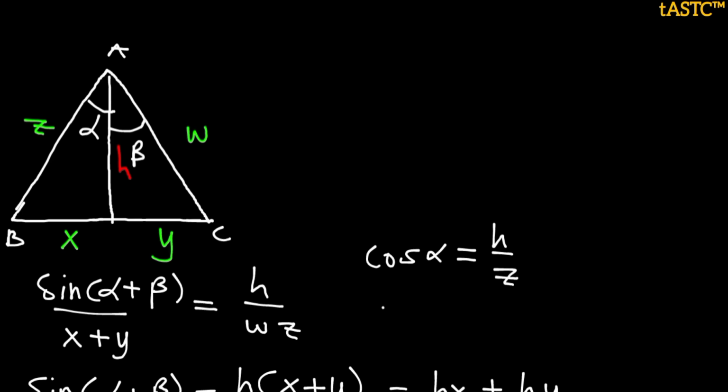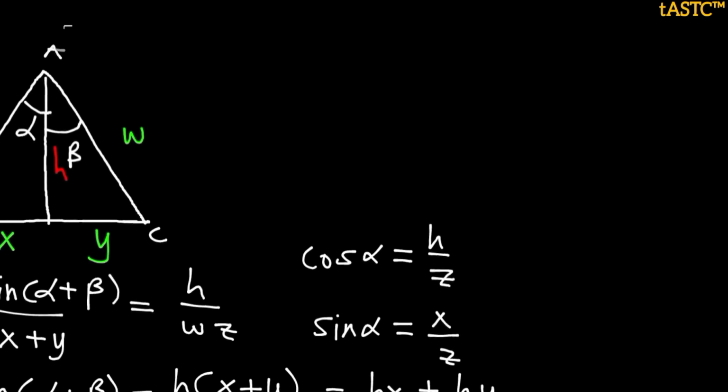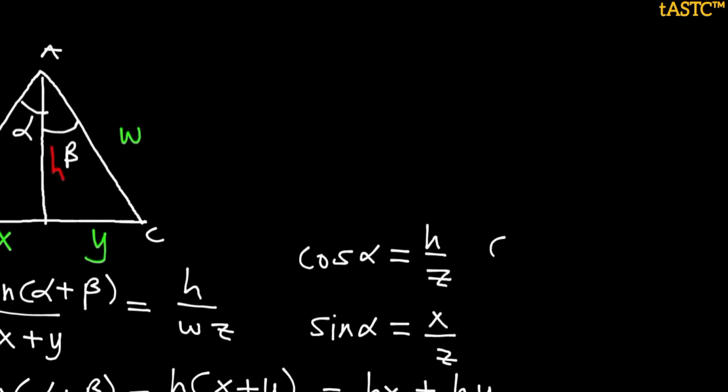Then you have sine alpha. So this is actually going to be equal to opposite divided by the hypotenuse. Now the opposite to it is the X. You have the hypotenuse, that is Z. Now let us try to find out what cos beta is going to look like.